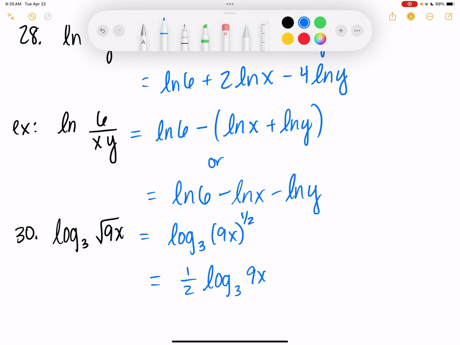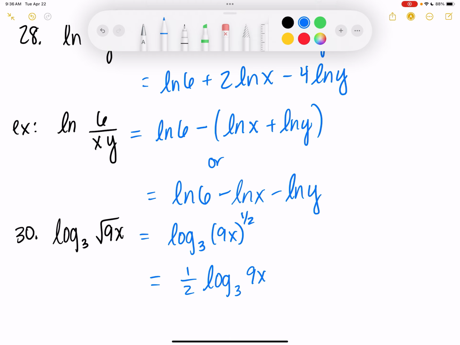And then what would I have to do? You can change the 3. Wait, can you take 3 out of the 9x? I don't know how to explain it, but I know what you're trying to say, and normally I would say that I would do that. The book doesn't. I'm not really sure why they don't.